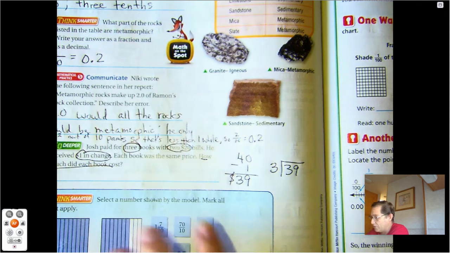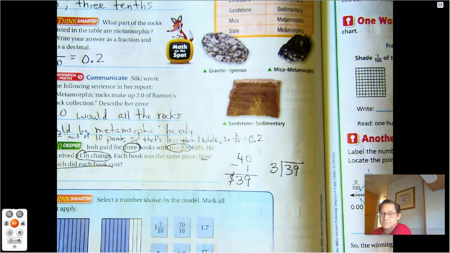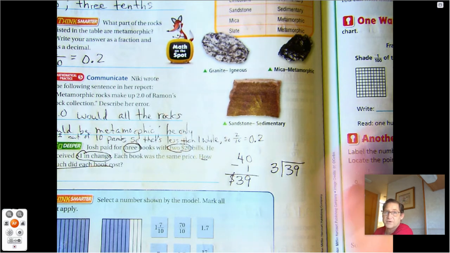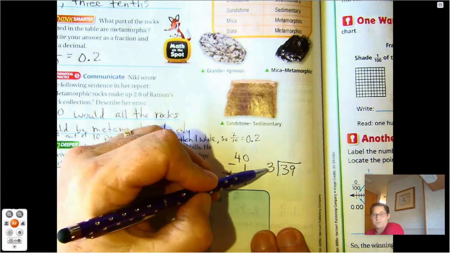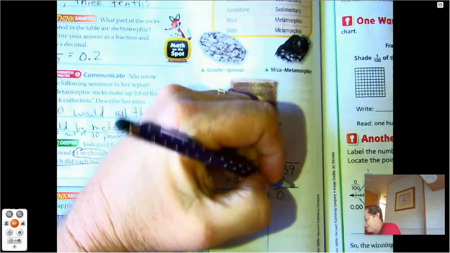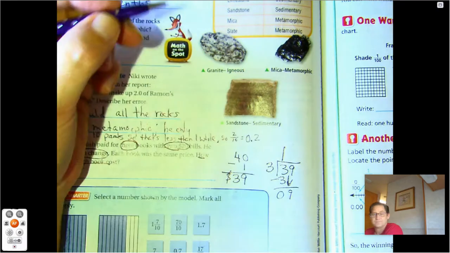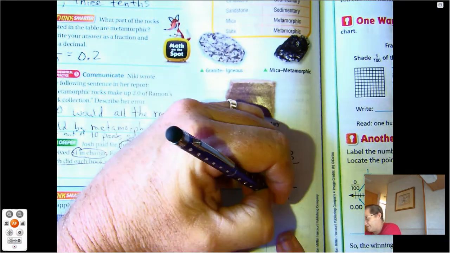He bought 3 books. So this represents our 3 groups. How much can I share of my $39 for each book? Can I share 3 10s with 3 groups? Yes. That leaves me 0 10s. I still have to share my 9 1s. So 9 1s in 3 groups would be 3. 3 times 3 is 9.